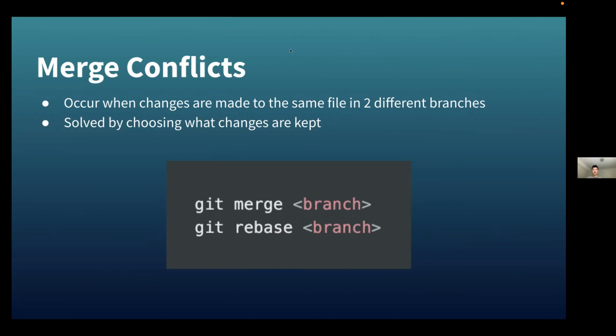If two people are collaborating, working on the same file, they make changes and both push those changes into the main branch, Git doesn't know which changes to accept and which ones to forget. So it will prompt the user to choose what changes are kept. And we'll see a demo of both of these.